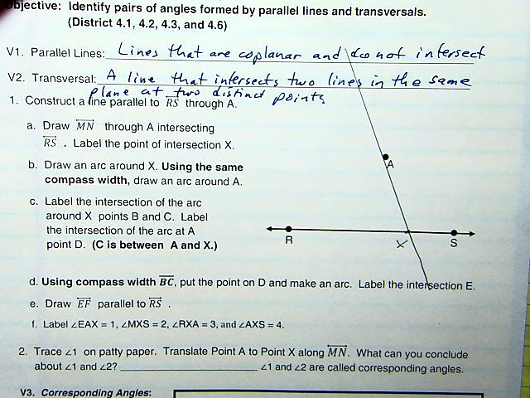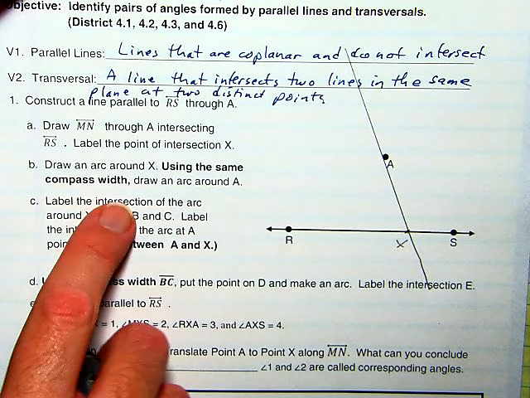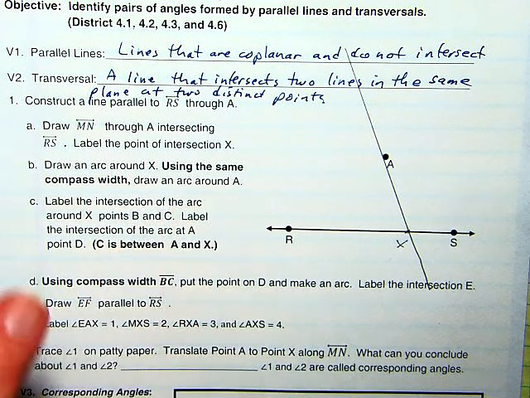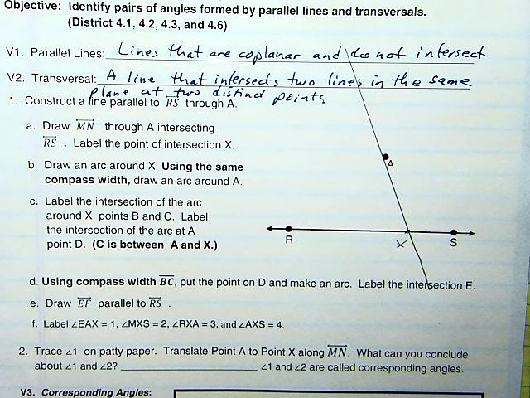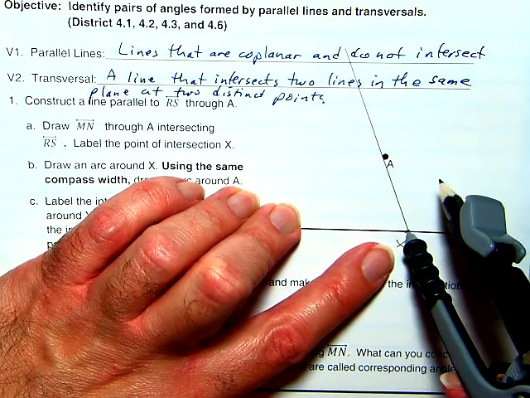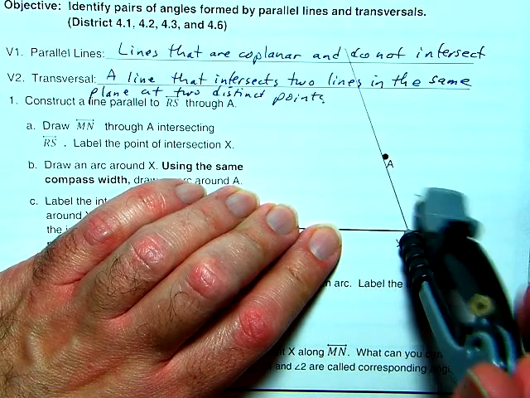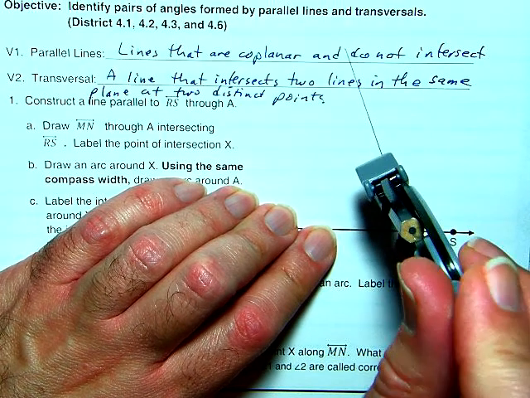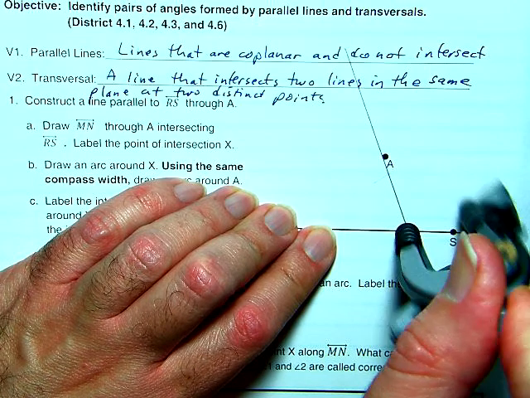So let's go ahead and we've labeled the point of intersection X. Now we're going to draw an arc around X. Okay, so let's go ahead, draw an arc around X. Put my sharp end on X, and that arc is going to intersect this line and this line.